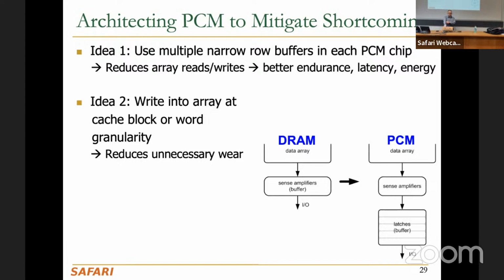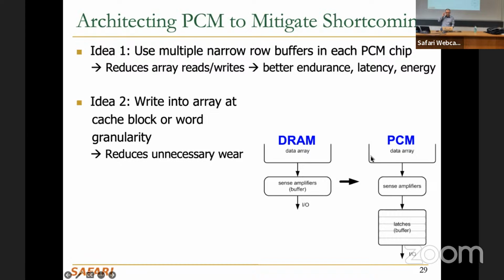The second idea is that we want to write into the array at cache block or word granularity. In DRAM, when you want to write, you write to the sense amplifier essentially, and then you need to wait such that the value in that write buffer is restored in the DRAM row.